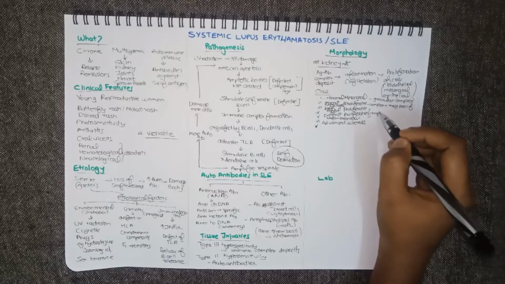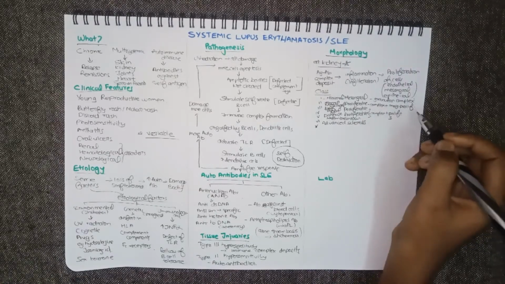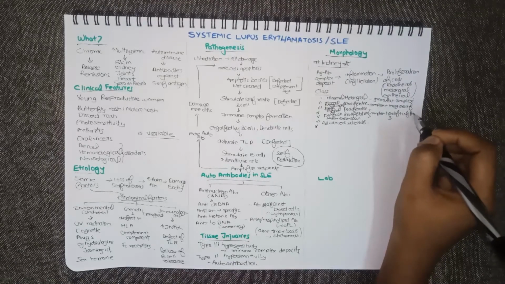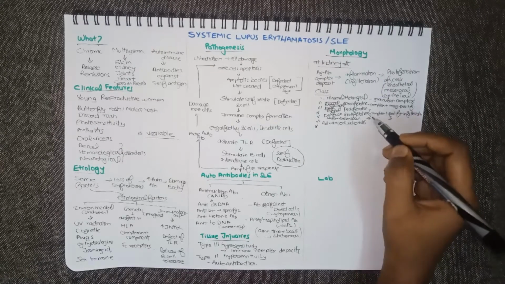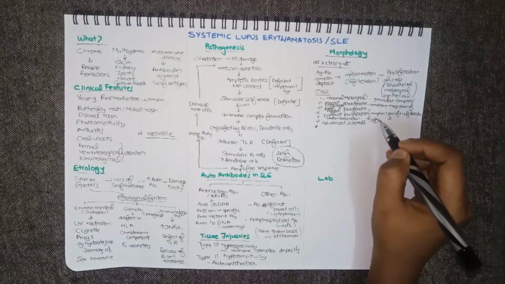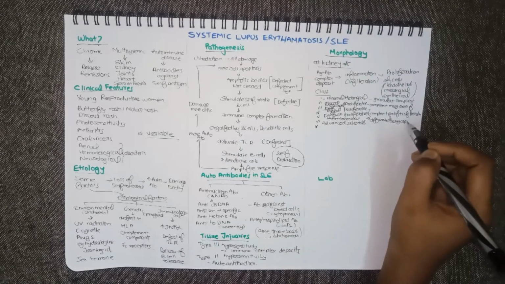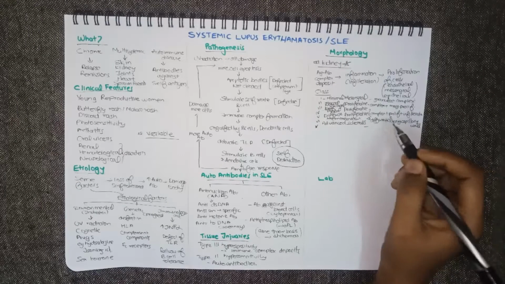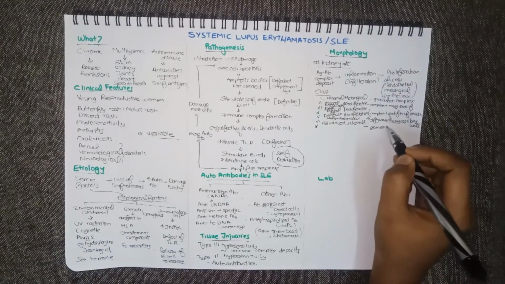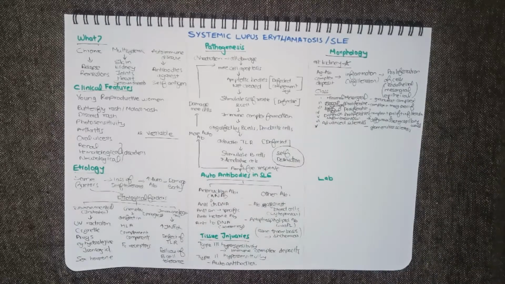In both focal and diffuse proliferative, there will be complexes, there will be infiltration, and also proliferation of the 3 cells that are endothelial, mesangial, and epithelial. In class 5, that is membranous, there will be diffuse thickening of the capillary wall, and in class 6, that is advanced sclerosis, there will be glomerular sclerosis.